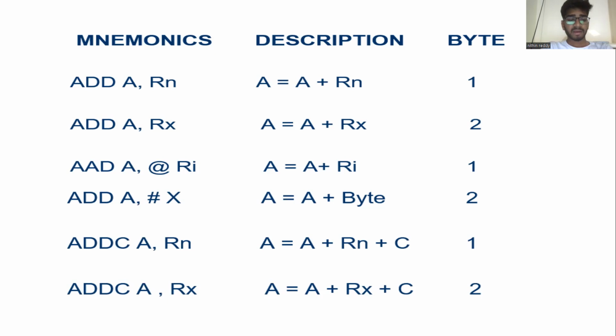Addition with carry flag. ADDC A, Rn, where A plus Rn plus C is stored in the accumulator A and its byte is 1. ADDC A, Rx, where A plus Rx plus C is stored in the accumulator A. Its byte is 2.